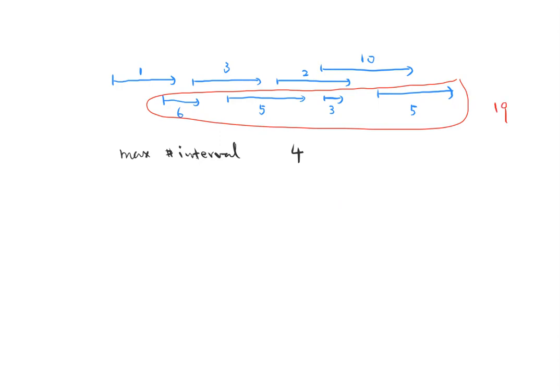Another one is this one of size 4. It just gives weight 11. All right. So if we want to maximize size and also maximize weight, so among mutually compatible activities of maximum size, we want to maximize its weight. Then this one would be the solution.